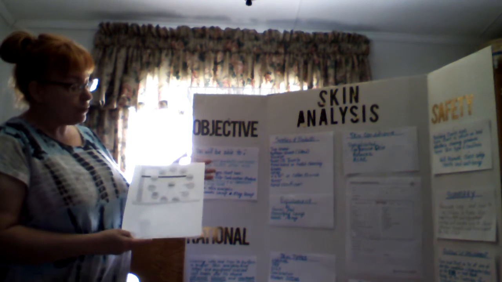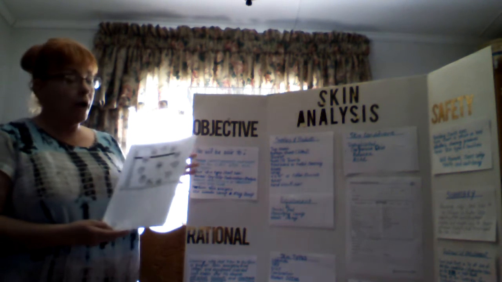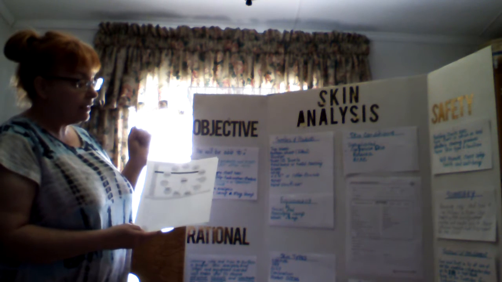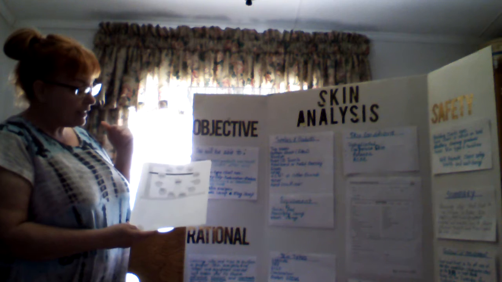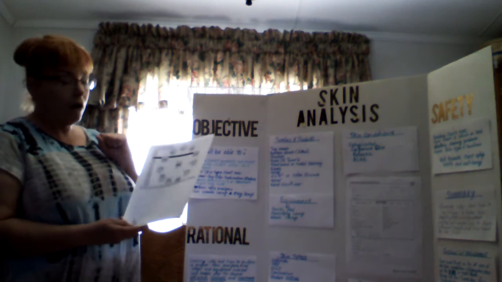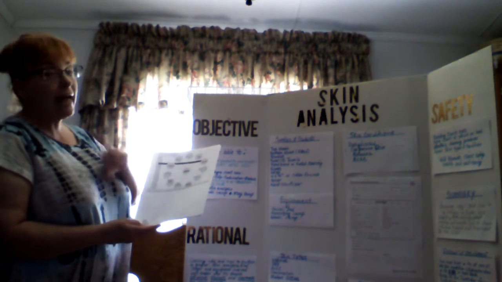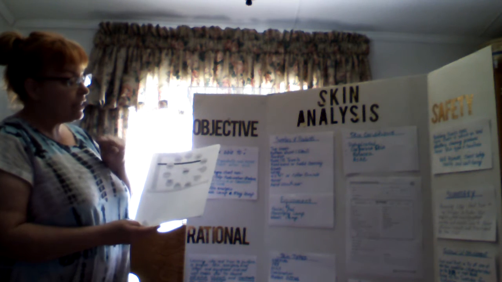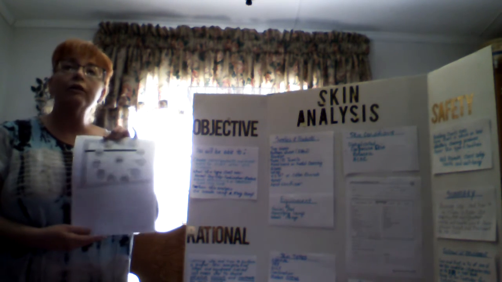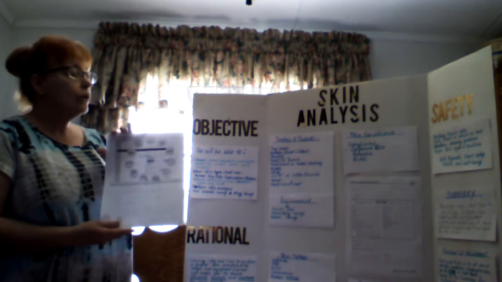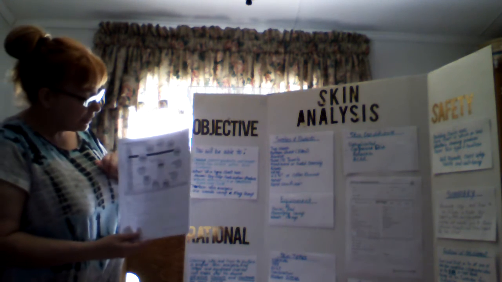You've got age, stress, incorrect products or using products incorrectly, genetics, water intake, living and working conditions, smoking and alcohol intake, medication, illness, poor nutrition, and hormones. All of these can affect your client's skin conditions.